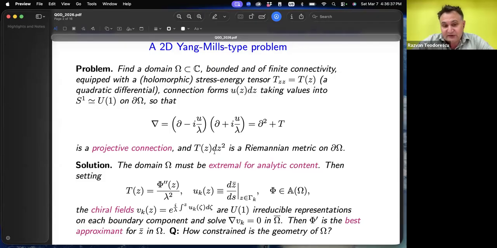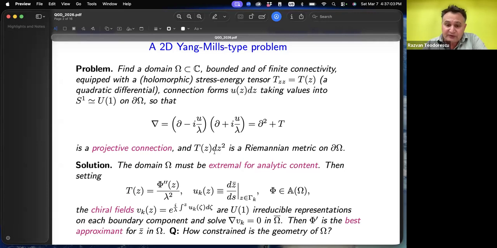it will be explicitly written by realizing this density of the stress energy tensor as a second-order derivative of an analytic function denoted by capital phi here, and those connection forms on the boundary being simply the tangent unit vector on each boundary component.